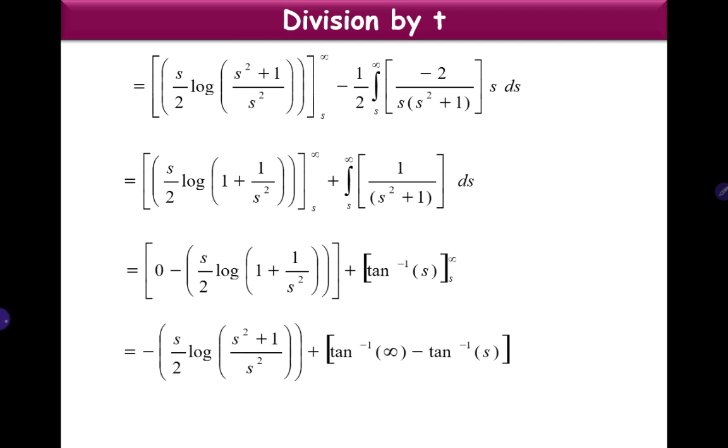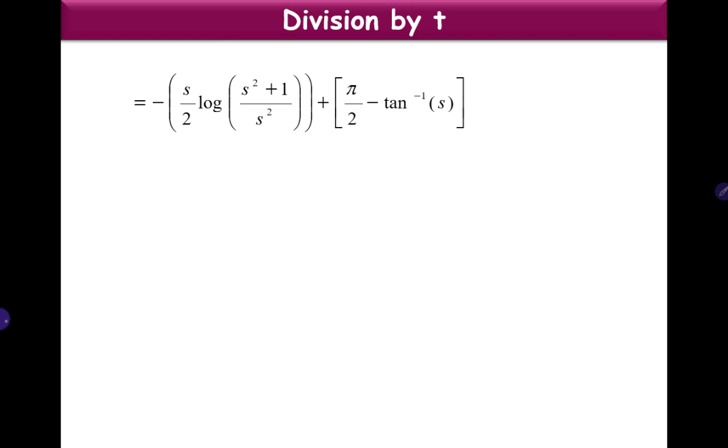So that gives minus s by 2 into log of (s square plus 1) by s square, plus, if we substitute the limits, we get tan inverse infinity minus tan inverse of s. And tan inverse infinity is pi by 2, minus tan inverse s. So this is minus s by 2 into log of (s square plus 1) by s square plus pi by 2 minus tan inverse s.